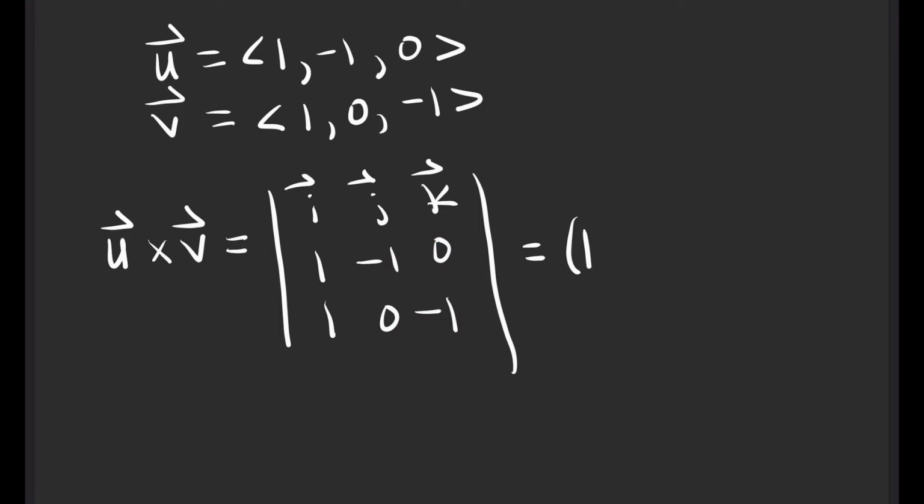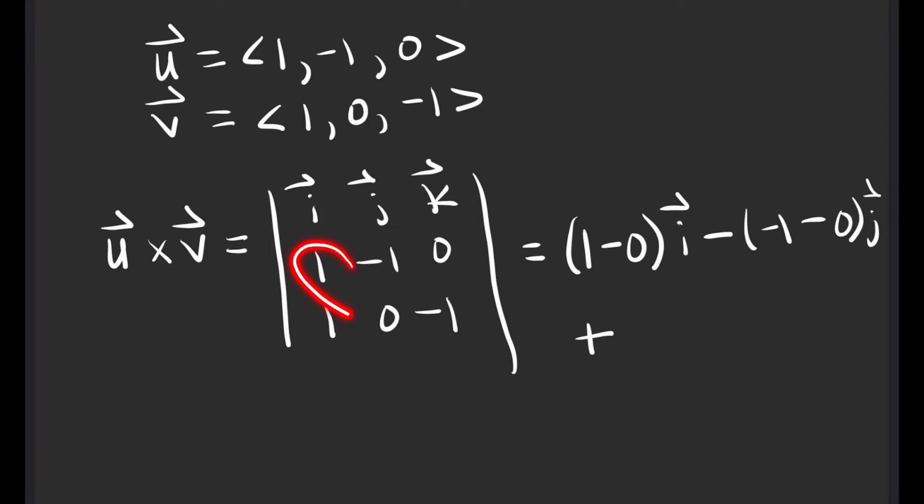So we'll just leave that 1 minus 0 i, minus, our j is going to be 1 times negative 1, which is going to be negative 1, minus 0 times 1, which is just going to be 0, j, plus our k's are going to be 1 times 0, which is 0, minus negative 1 times 1, which is going to be negative 1.